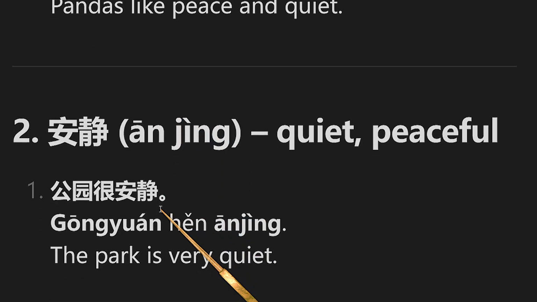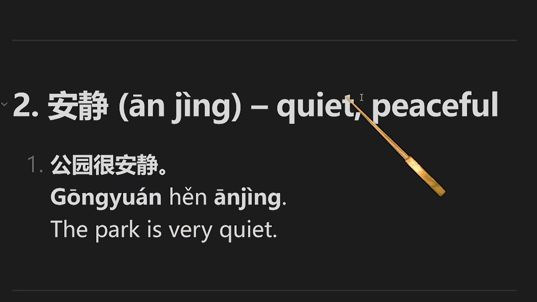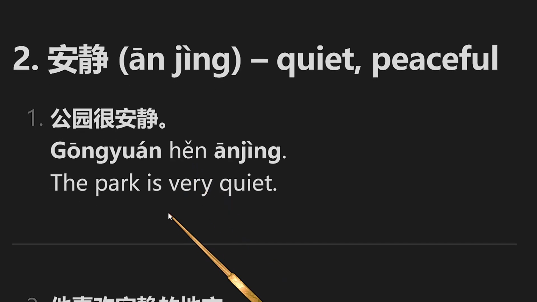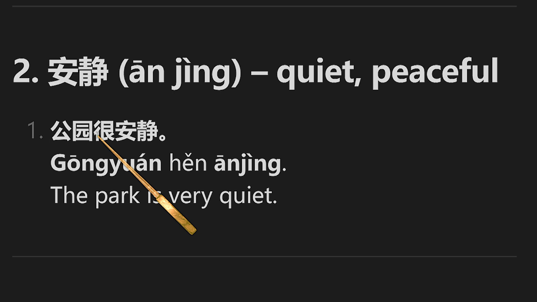Let's see the next one. 安静, quiet, peaceful. The park is very quiet. 公园很安静. 公园 is a park, a public park, and it is very 安静, quiet. So 公园很安静.